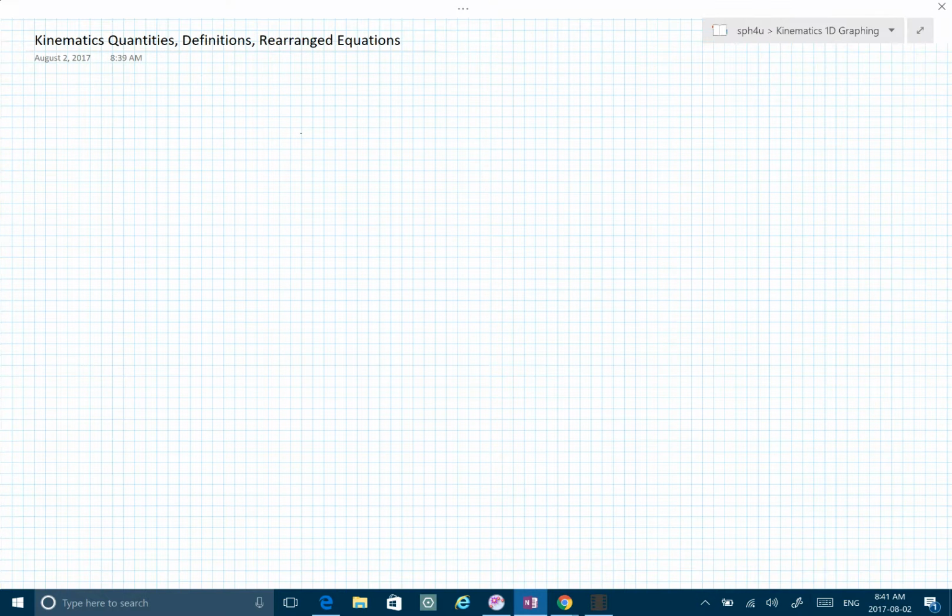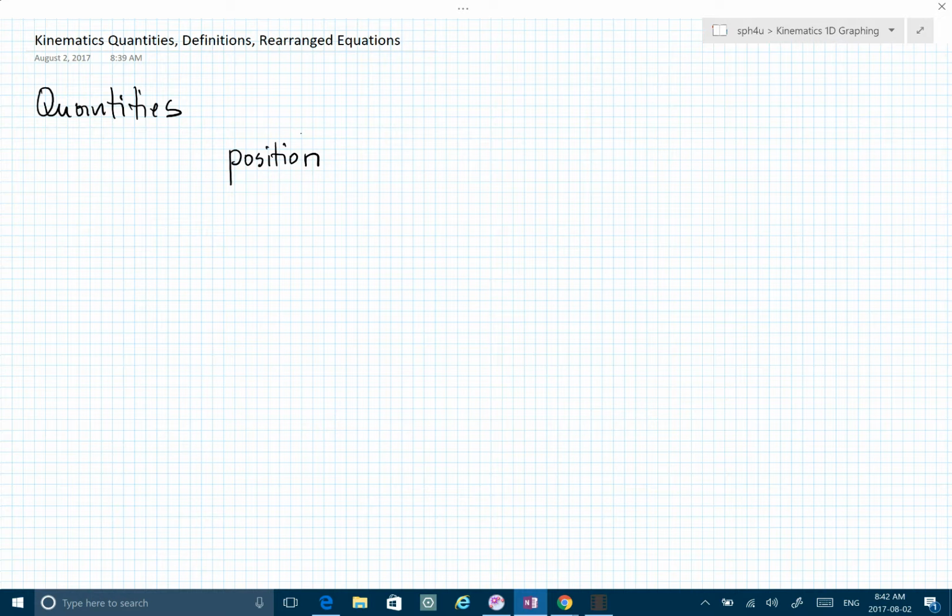All right, so let's start with quantities. What I always try to do is make a table. So we start from the very basic one, which is position. So I put it here.